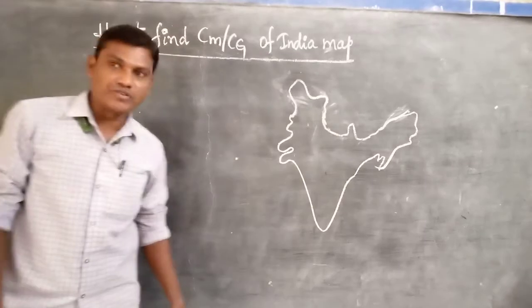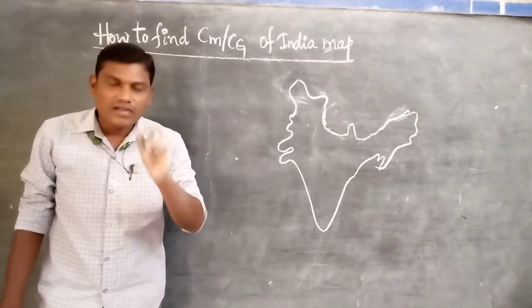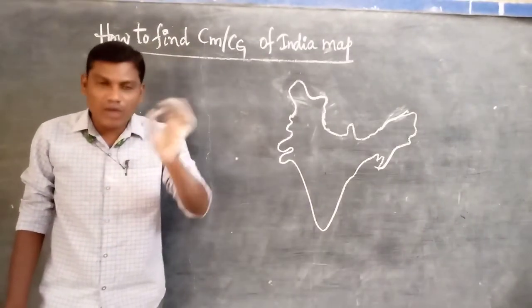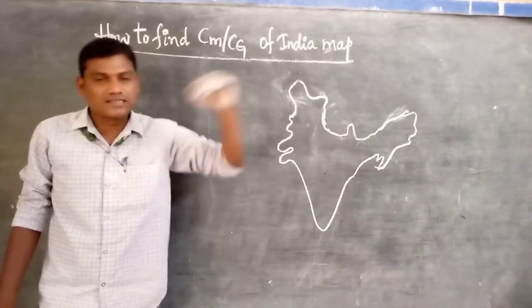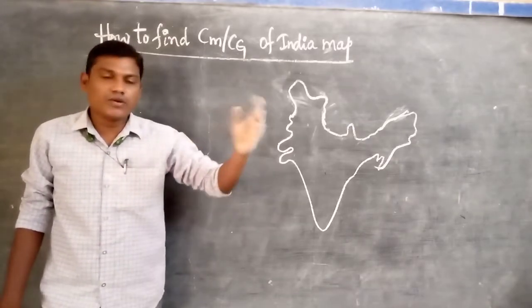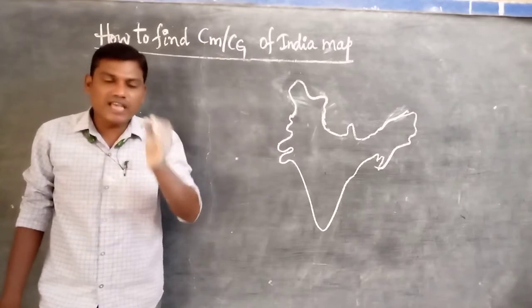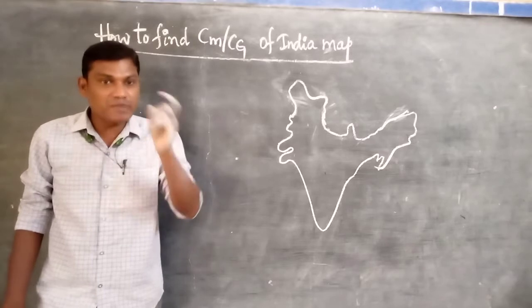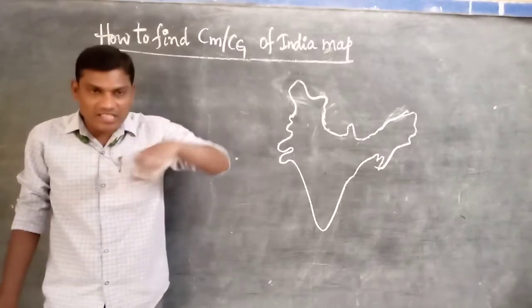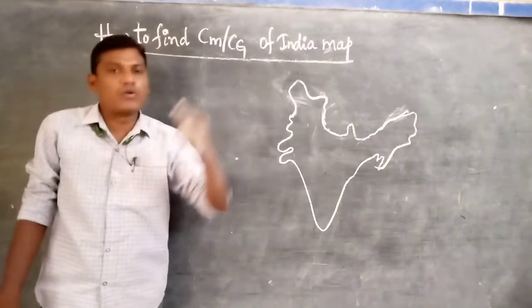But now, how to find the center of gravity for this? Why? Because we know the center of gravity or mass is located where more mass is distributed. The center of mass or center of gravity is not always present at its center. It may be at its center, within the boundary, or outside the boundary also.